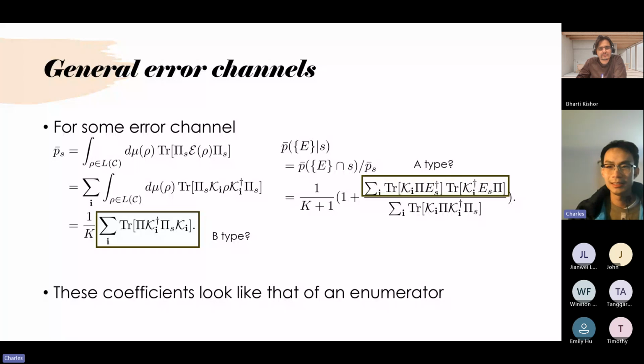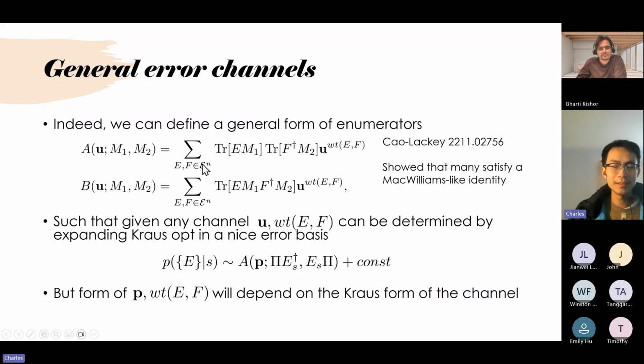So in this LEGO expansion pack paper, we were able to introduce these more general enumerators. And they look just like this form, where now instead of having some W and Z, you can have a more general set of variables that depend on the structure of the error channel.